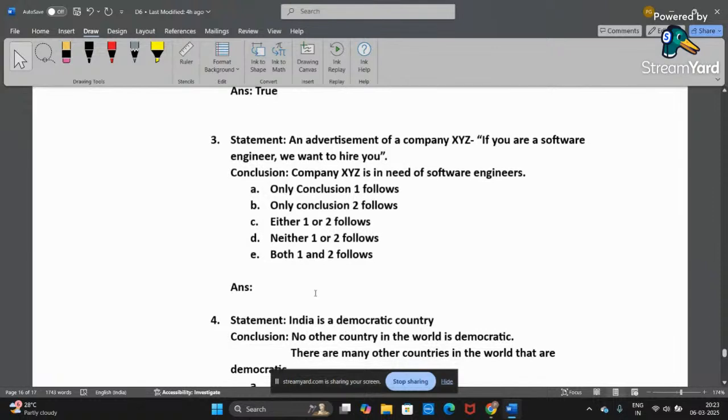The same way, tell the answer for this. An advertisement of a company XYZ says that if you are a software engineer, we want to hire you. Conclusion: company XYZ is in need of software engineers.